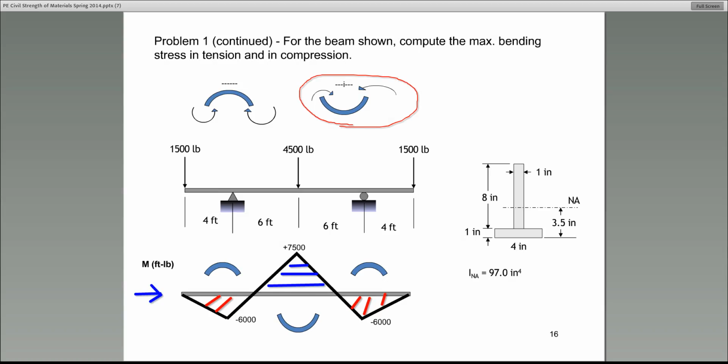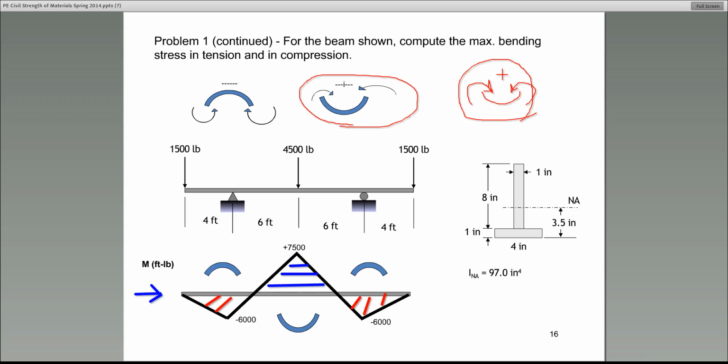All right? In other words, positive moments cause the beam to bend like this. Therefore, moments that are positive would cause the beam to bend that way. And you can remember by saying positive moments are happy moments.